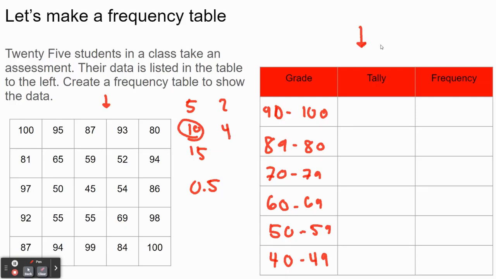Next thing that we're going to do is make tally marks for each time a number appears in that category. So we'll start with the 90 through 100s. Here I see one of them. There's another one.